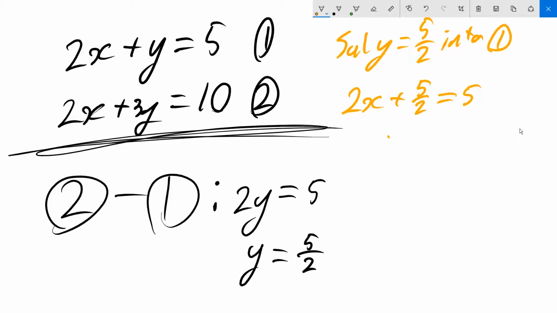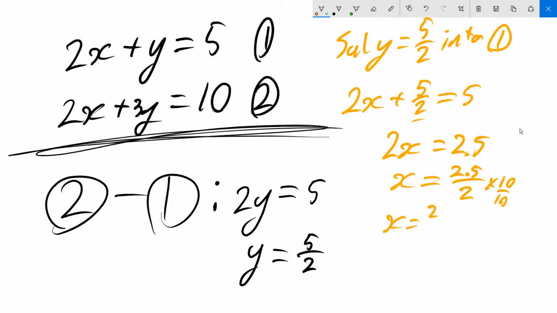So 2x is equal to 2.5. I've just subtracted this from both sides, and then x is equal to 2.5 divided by 2. We can't have a decimal in a fraction. We can times by 10. Yep. 10 over 10. x equals 25 over 20, which is 5 quarters.